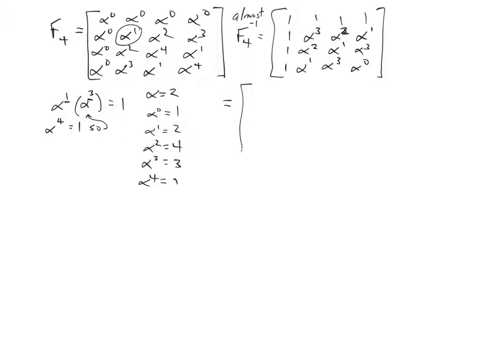Okay, so this matrix actually does turn out to be, so alpha cubed is actually 3, alpha squared is 4, and alpha 1 is 2, and so on. Alpha squared is 4, alpha to the 1 is 2, alpha cubed is 3, and then alpha to the 1 is 2, alpha cubed is 3, and alpha 0 is 1.